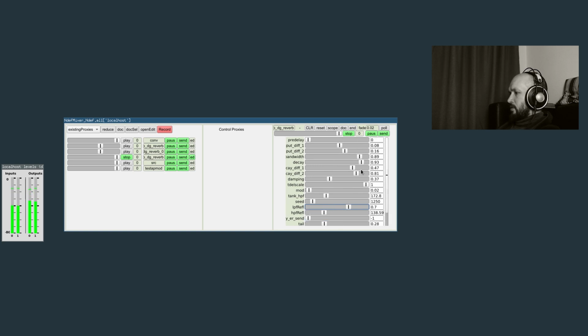What we have for this tail signal, we have all the previous parameters almost as they were before. Decay is a bit bigger, let's make it smaller for now. We have a delay time scale. We get a more room-like sound, so we benefit from this parameter.